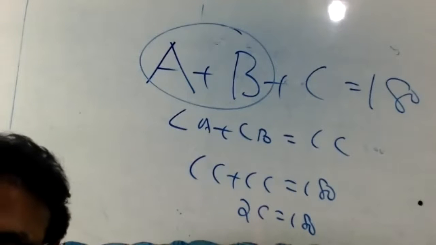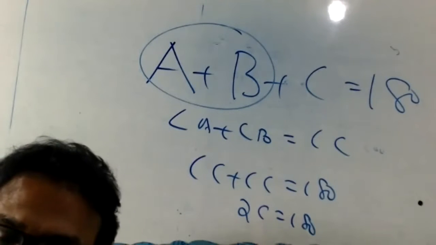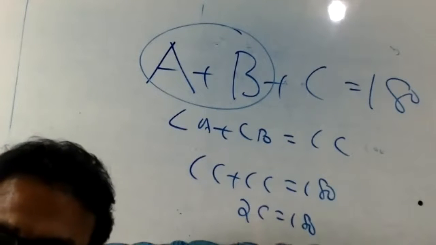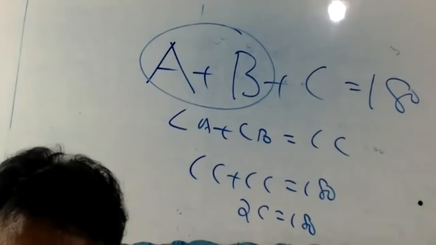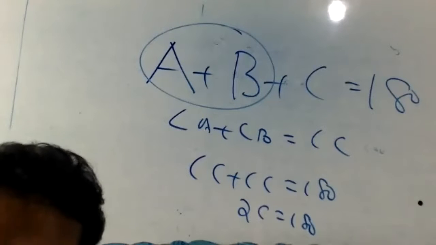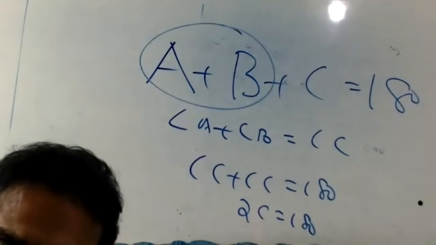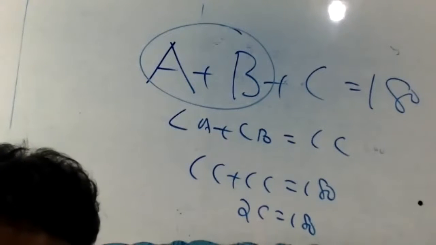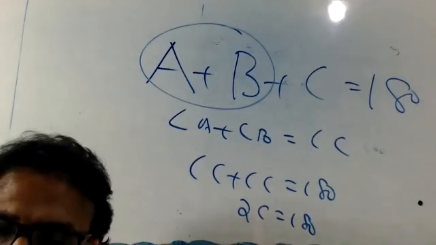Okay. So come on. Next question, right? Of the three angles of a triangle, one angle is twice the smallest.